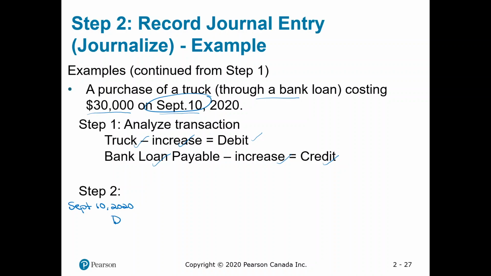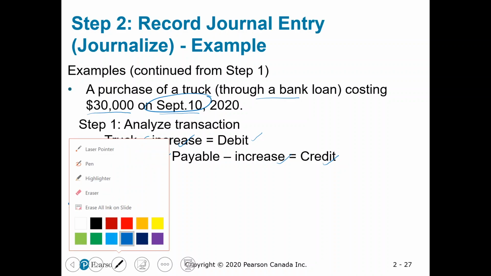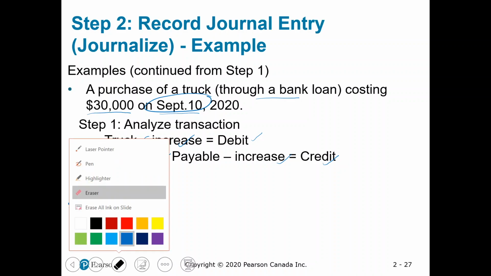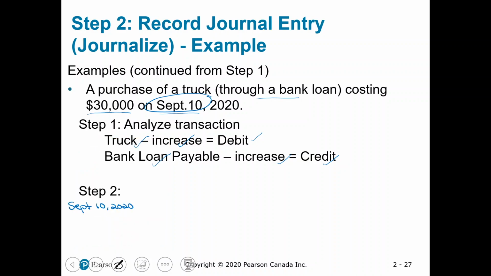Now I want to show you a different way that you could do this. On the previous slide, I put debit and credit right before the words, which is typically what I do, but it's also okay to just label a column over here. So we wouldn't put the debit or credit in front, or you could do both. So we've got our truck, we're increasing it, debiting it for $30,000.